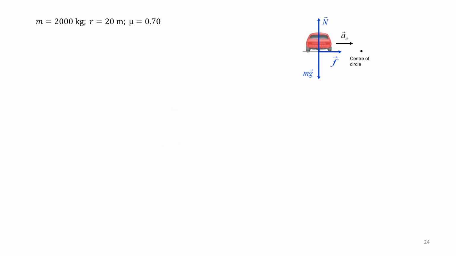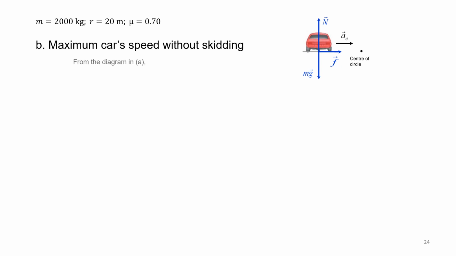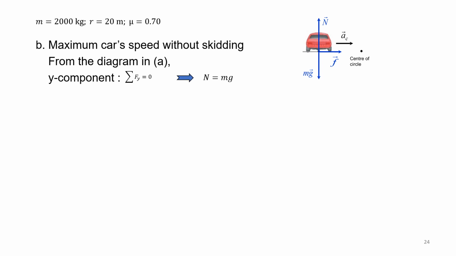Okay, next for question B, we are going to calculate the maximum car speed without skidding. From the diagram in A, we can say that the car is not moving in the Y component. So we can write the summation of force in Y component is equal to 0. Thus, N is equal to mg.